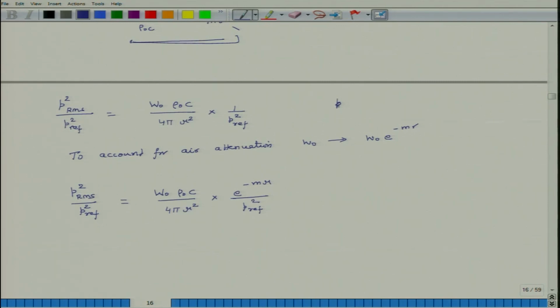Okay. Now, this equation has accounted for air's attenuation, but it does not account for directivity.